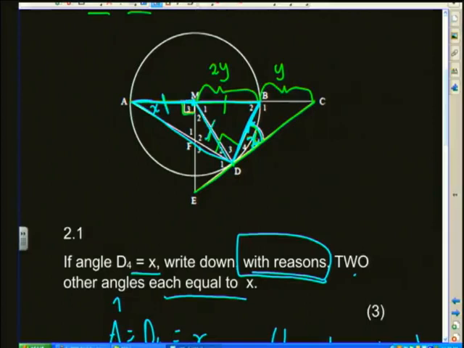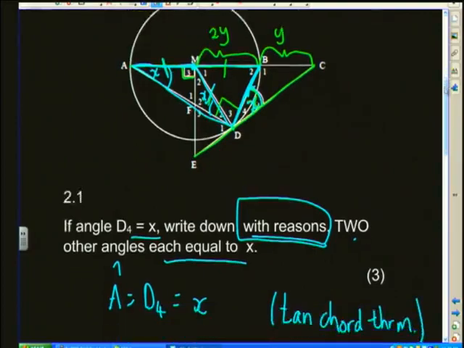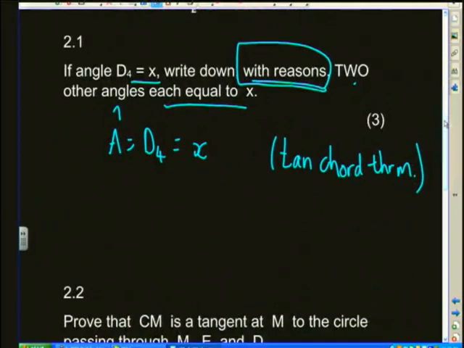And more importantly, what that gives me is isosceles triangle AMD, and we know that angles opposite equal sides are equal, so therefore angle D2 is going to be equal to angle A, which is also equal to x, and the reason for that is angles opposite equal sides.